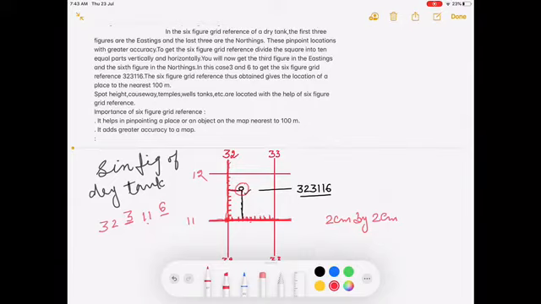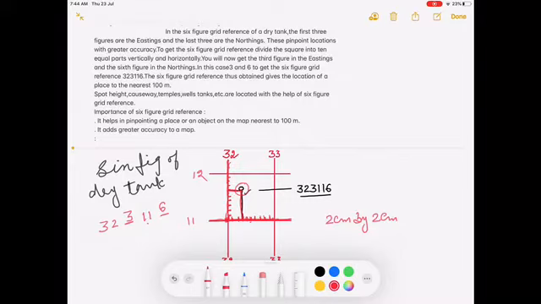Let me explain once again, children, so that you can understand in a better manner. For example, I have given you a symbol here, a dry tank, right? Now you will make a right angle from this point towards the easting and towards the northing. Now you will check the southwest corner of the map.